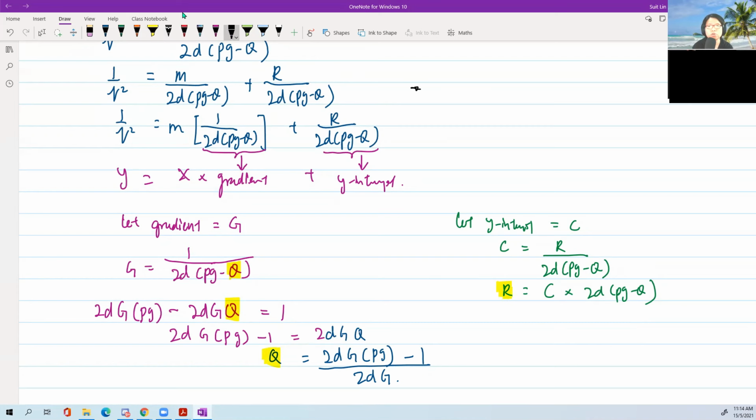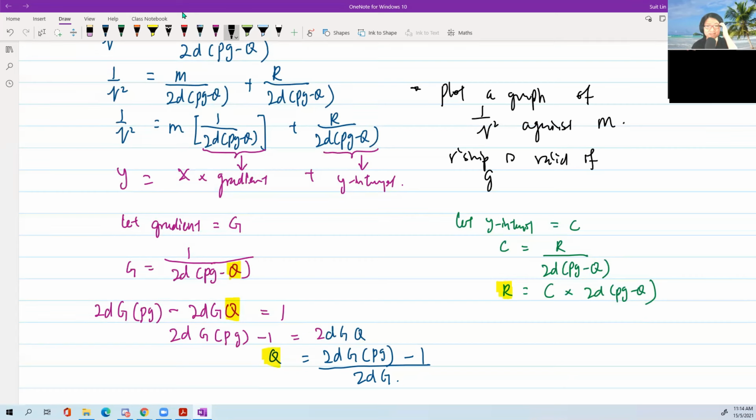So what graph do we plot? I'm going to plot a graph of 1 over v squared against m. And then you can say the relationship is valid if the graph is a straight line with y-intercept that doesn't pass through the origin. Normally this is an A1 mark.